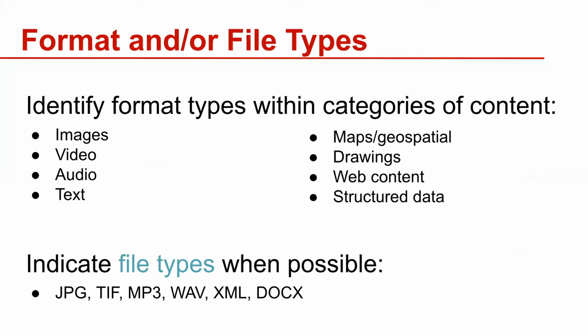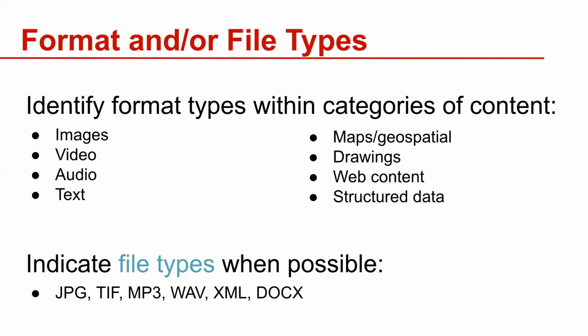In your inventory, you can identify format types within categories of contents, such as, do you have just images, video, audio files? Are your materials mostly text? Or do you have content such as maps or drawings? What about web content or other types of structured data, such as databases?